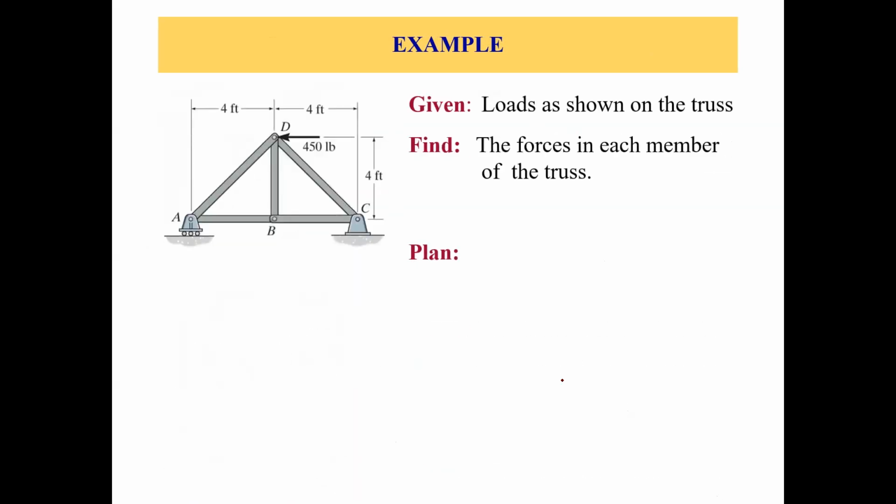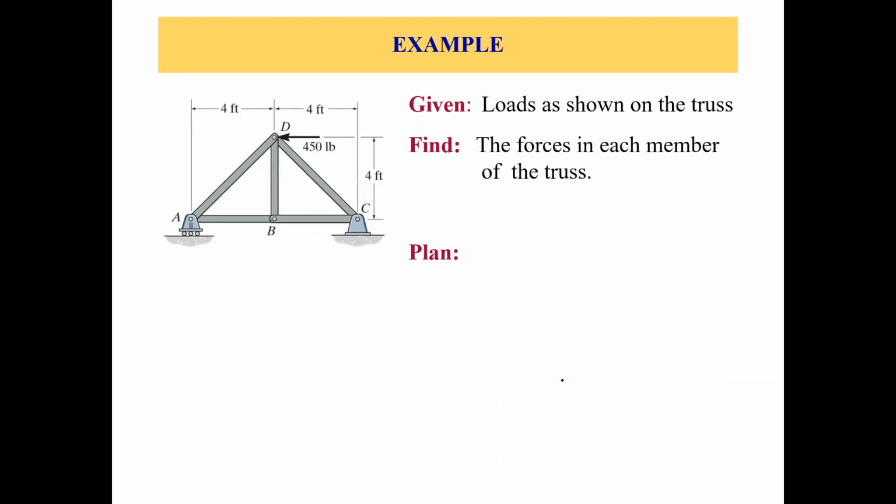Okay, after we are done with this, let's go over an example of the method of joints. There's a truss shown on the left side of the screen with 5 members and 4 joints. It's a simple planar truss.